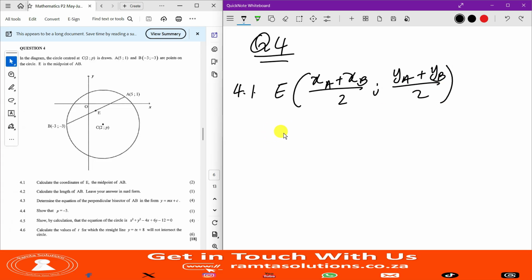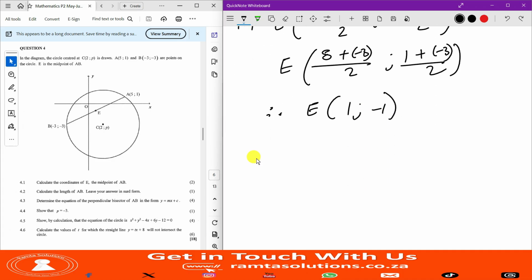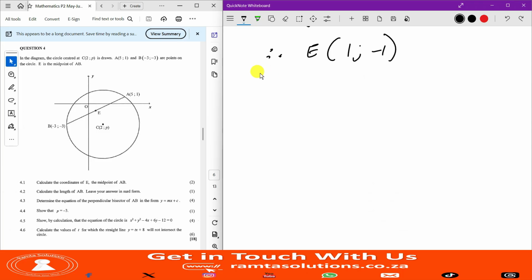X of A is 5, X of B is -3, Y of A is 1, Y of B is -3. Therefore, E must be 5 plus -3 is basically 2, so this is 1, and then this is -1. This is E. Okay? Perfect.